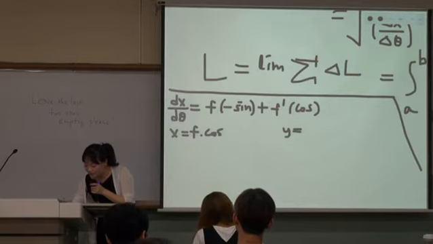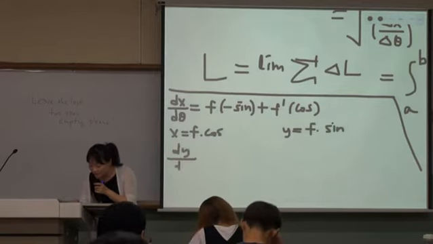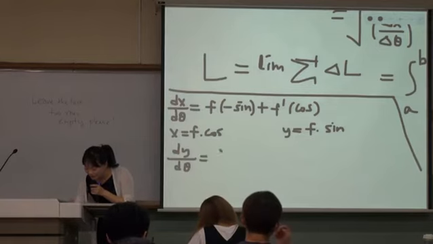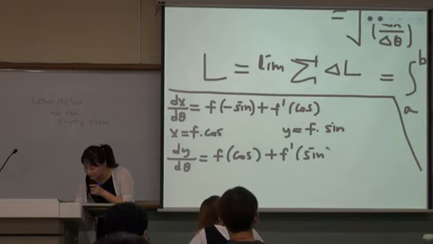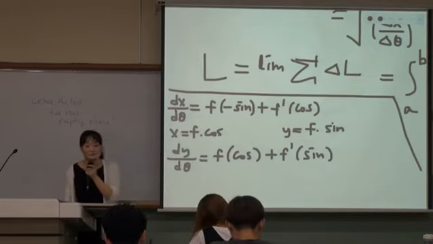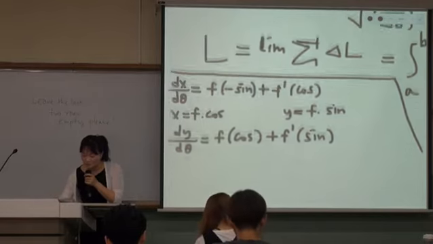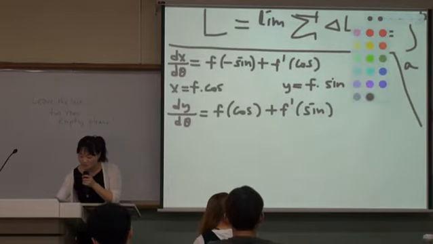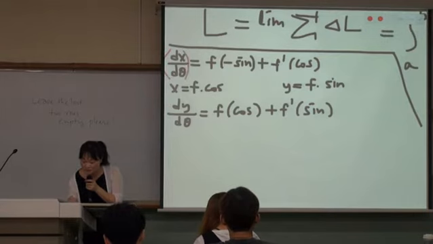Y is f times sine. So what is dy d theta? F cosine plus f prime sine. Is that right? But what we need are squares. So let's square this.